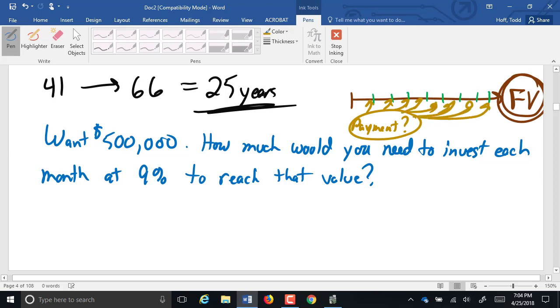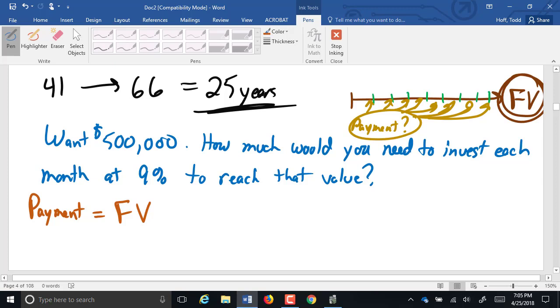Well, this is a lot like our future value and present value was with compound interest. This formula is not much different. So now we are calculating a payment off of a future value.